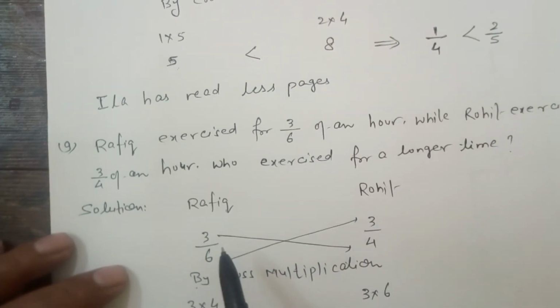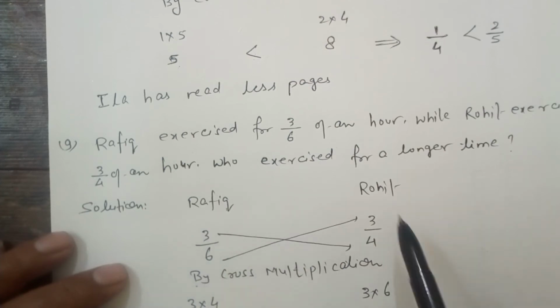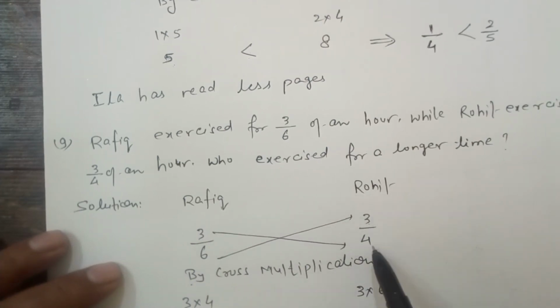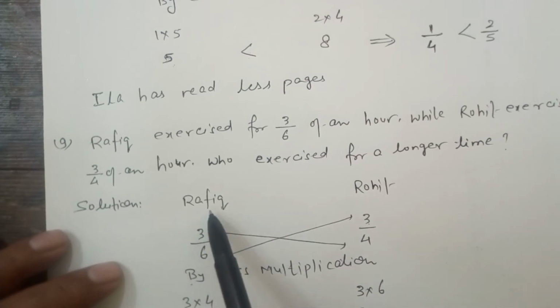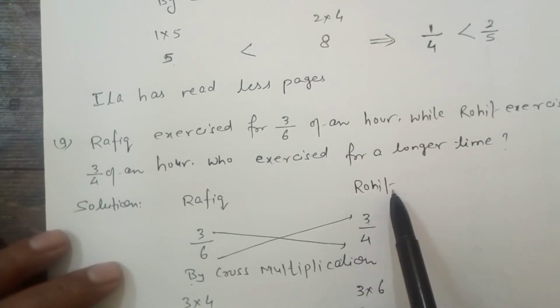Now look here, Rafiq exercised 3 upon 6 and Rohit exercised 3 upon 4. 3 upon 6 is the fractional part of Rafiq and 3 upon 4 is the fractional part of Rohit.